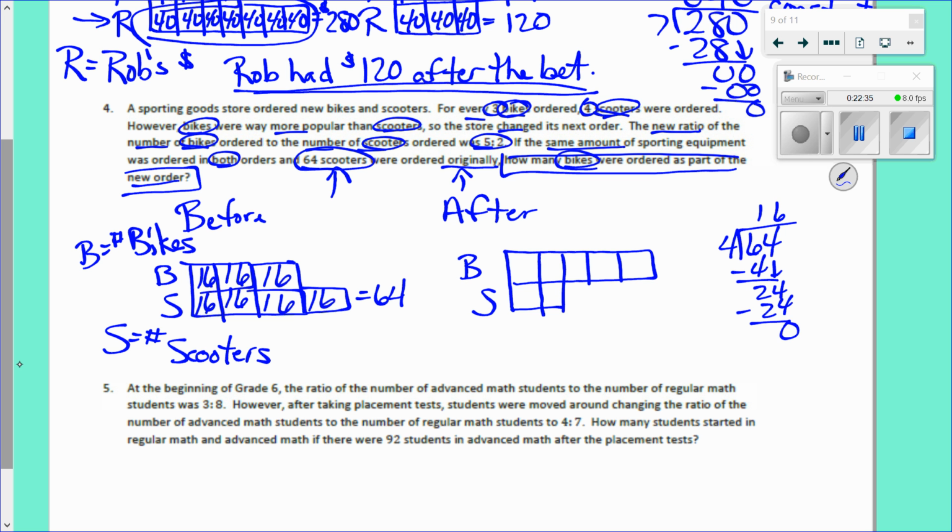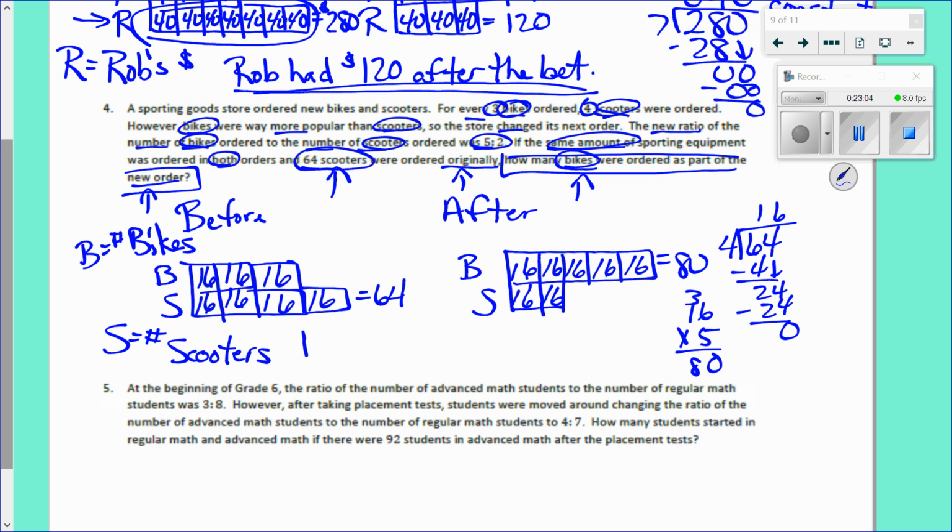Okay, it changes new order, but the number, same amount of sporting goods, same number of boxes. So that means my ratio constant transfers to the after. So now I have 16s everywhere here. I want to know how many bikes were or are part of the new order. So 5 times 16 gives me 80. 16 times 5, because I have 5 boxes, 80.